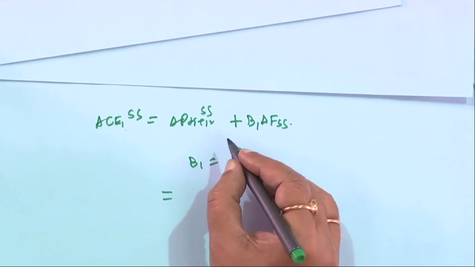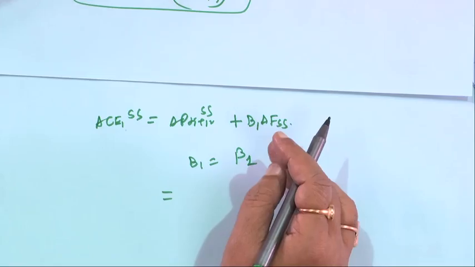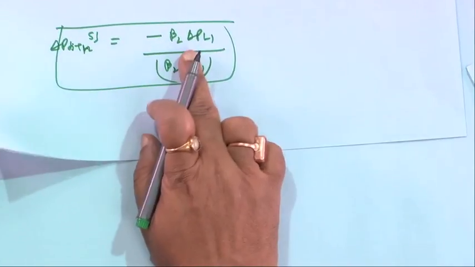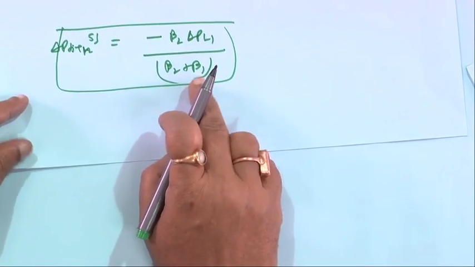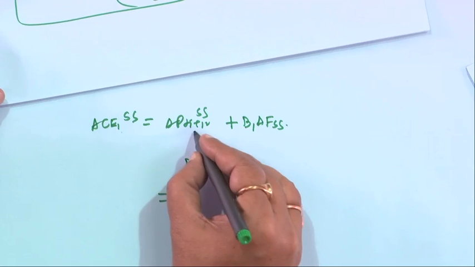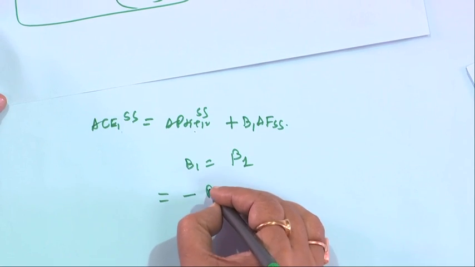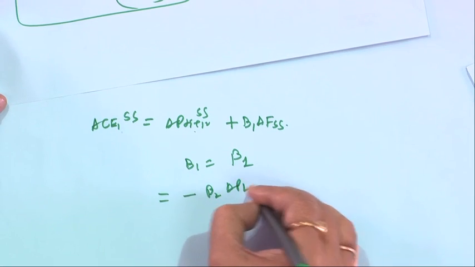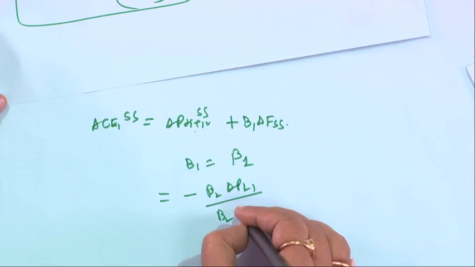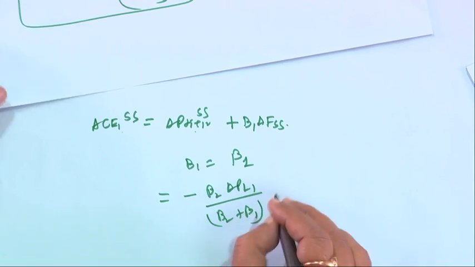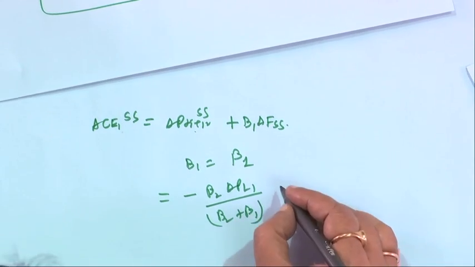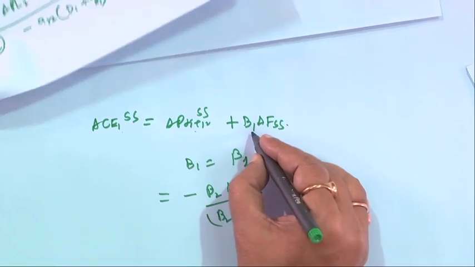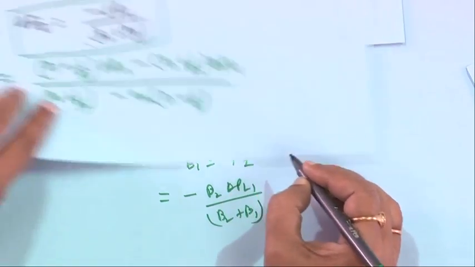So delta P tie 1 to SS is this one: minus beta 2 delta PL1 upon beta 2 plus beta 1. So here you put minus beta 2 delta PL1 divided by beta 2 plus beta 1, right, and similarly plus, this is B1, which is equal to beta 1.